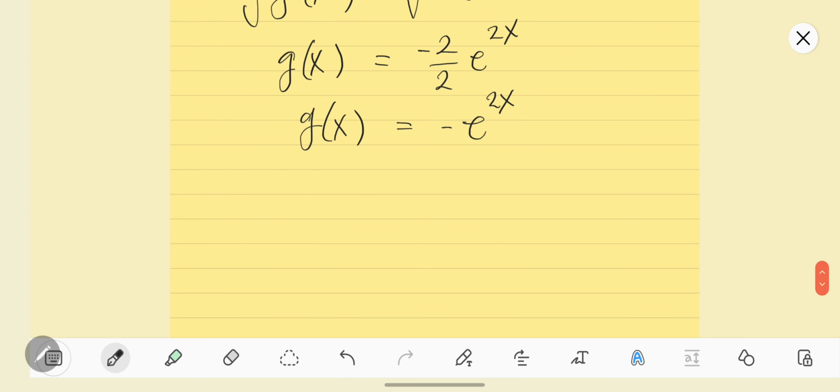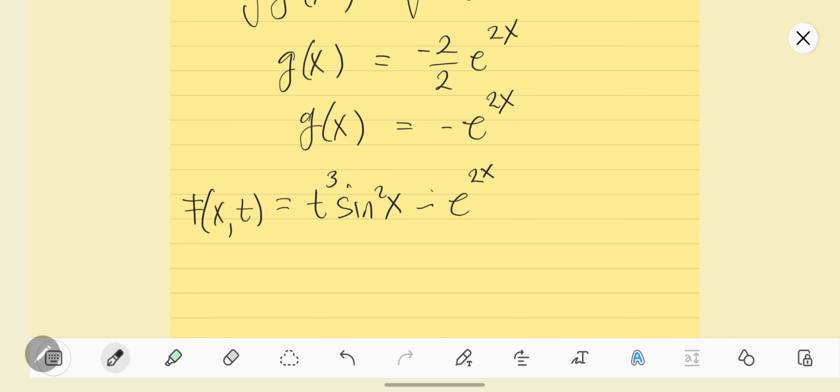Now we know that f of x and t is equal to t cubed sine squared x plus or minus the e to the 2x. This must be equal to c.